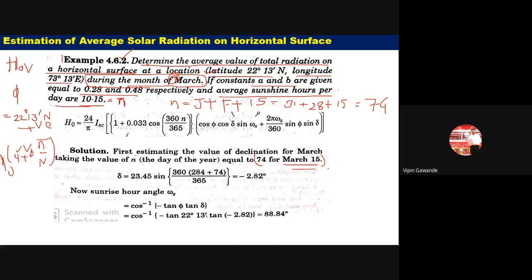That is the value of n bar. So in this problem, n bar is given here, but n is not given.